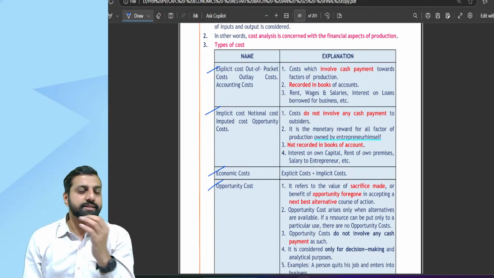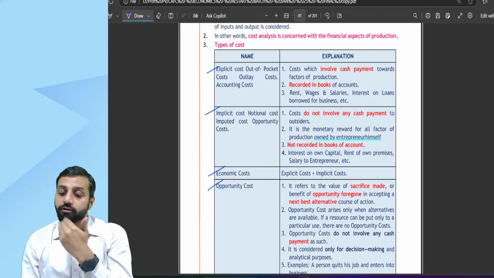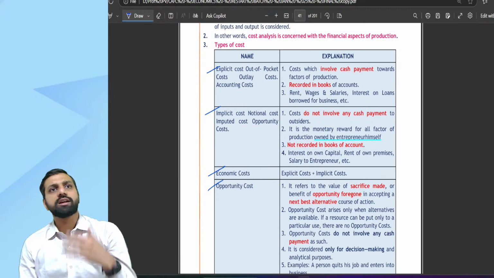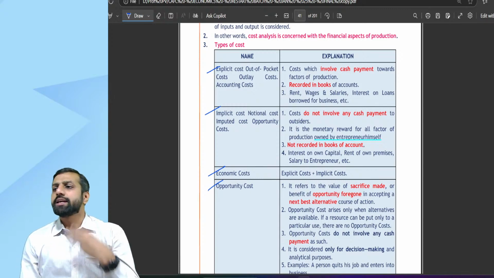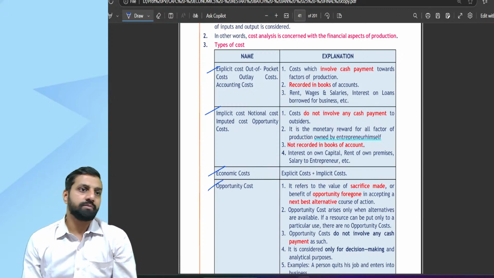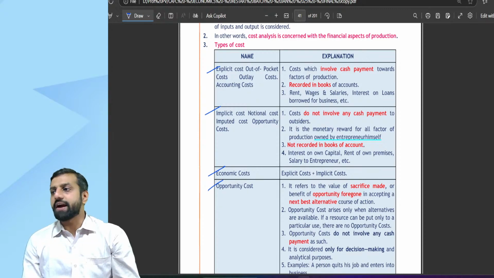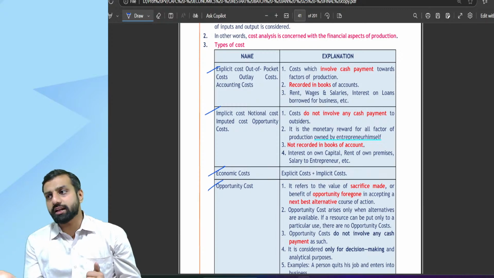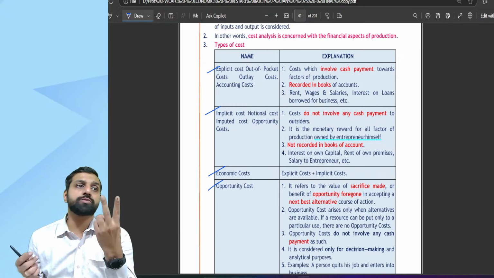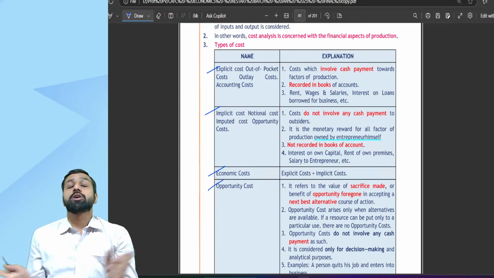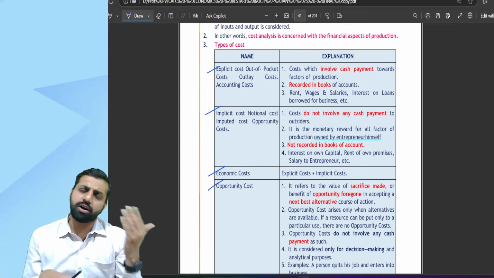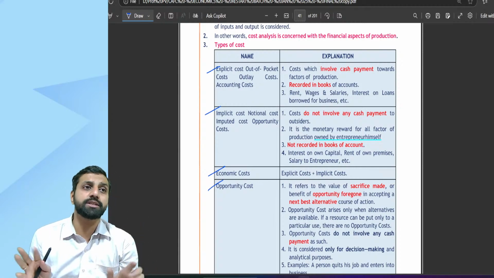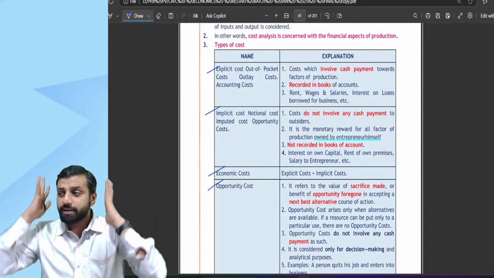It is the next best alternative forgone. If I have an offer from some other classes which are paying me say 30 lakh rupees per annum, and currently I am paid 25 lakh rupees, so if I shift to another class, my opportunity cost will be 25 lakhs. Because if I had time, I would have worked in class A and class B, I would have earned 55 lakh rupees, 25 plus 30.